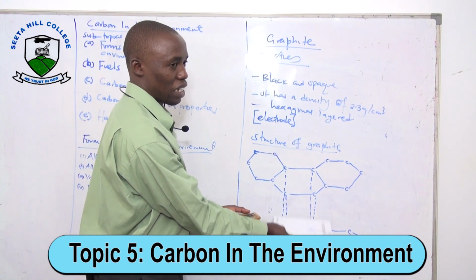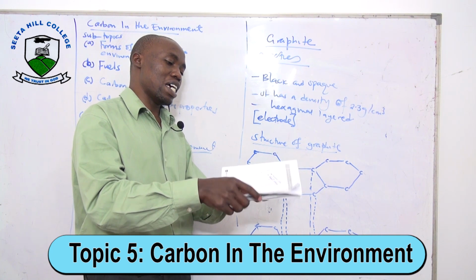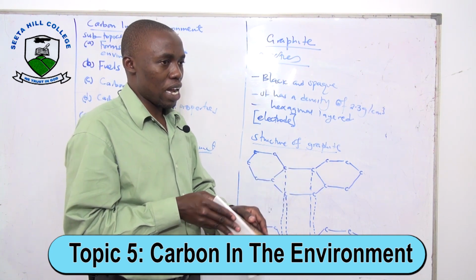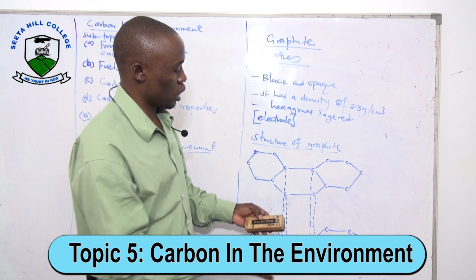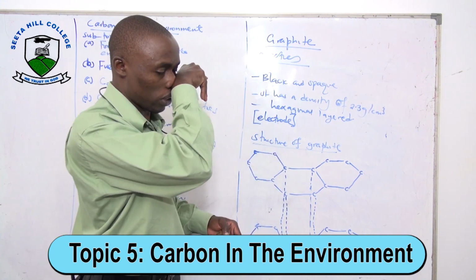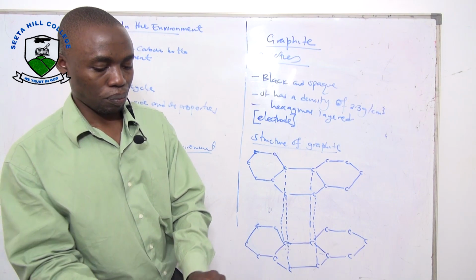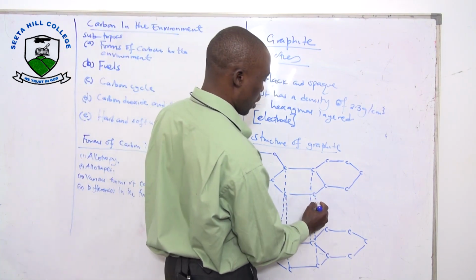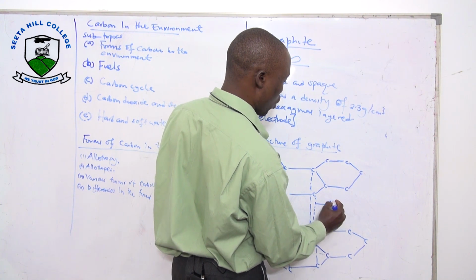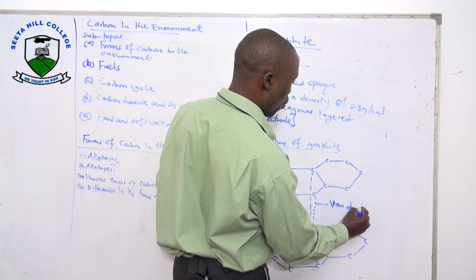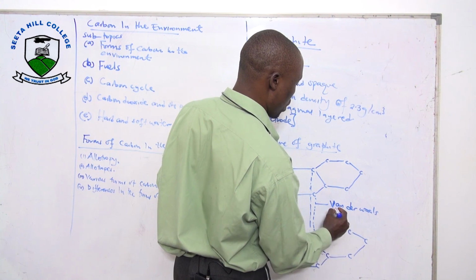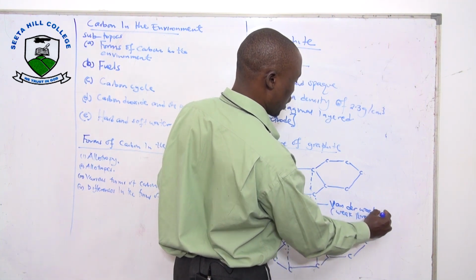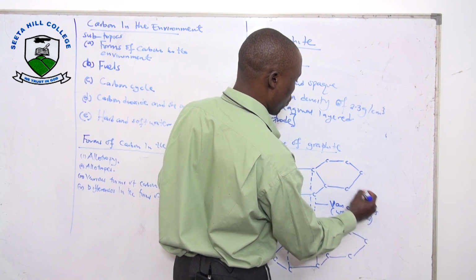We have put it in the structure to show the weak forces, but the layers are just in contact with each other. Those weak forces were named after a man called Van der Waal. Therefore, they are called Van der Waal forces, or we simply call them weak forces.